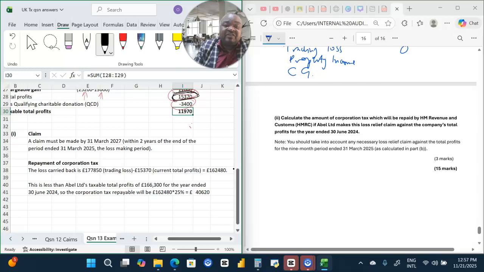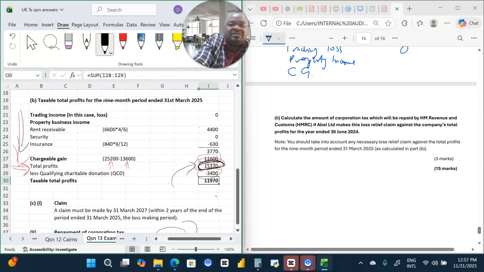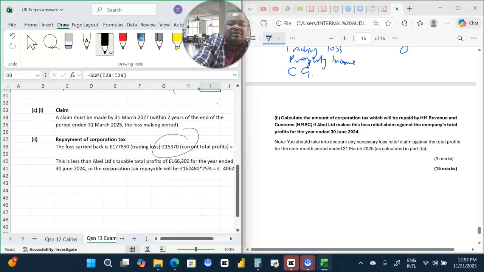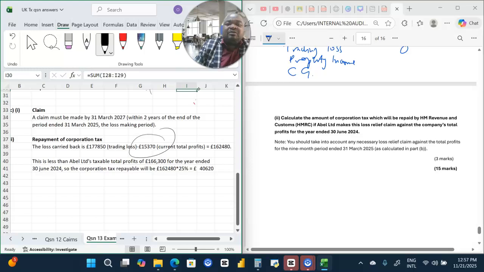But we need to first settle it with the current total profits, which I showed you. These are the current profits. And then we are left with how much? We are left with 162,480. This is less than Apple Limited's taxable total profits of 166,300 for the year ended 30 June 2024.